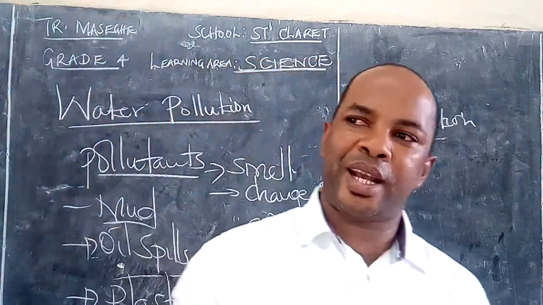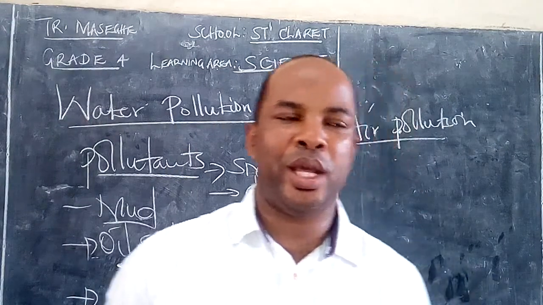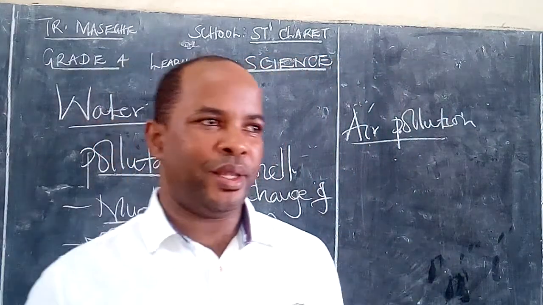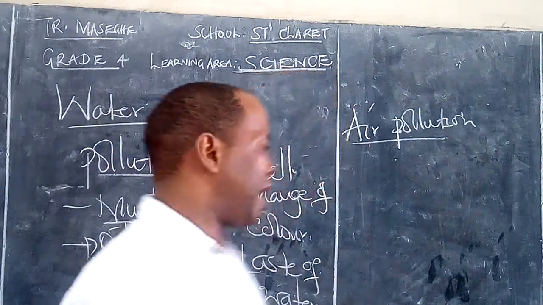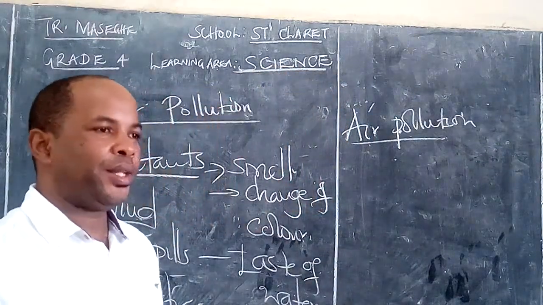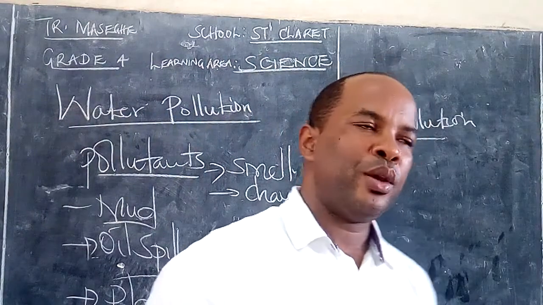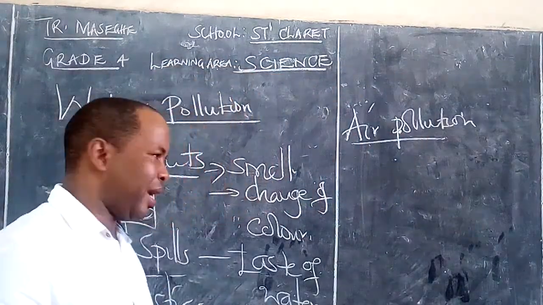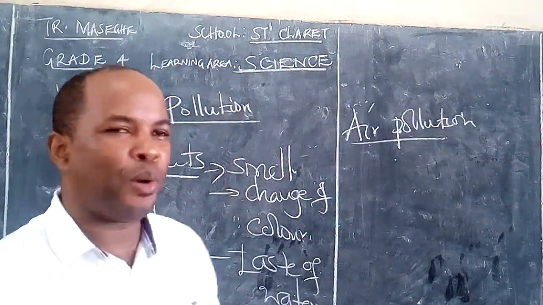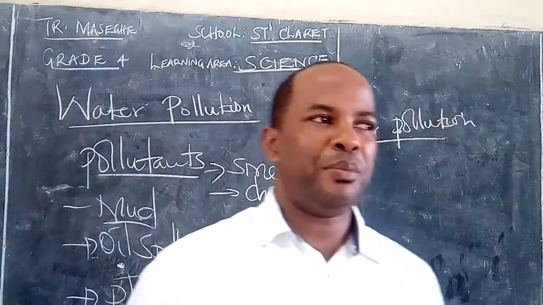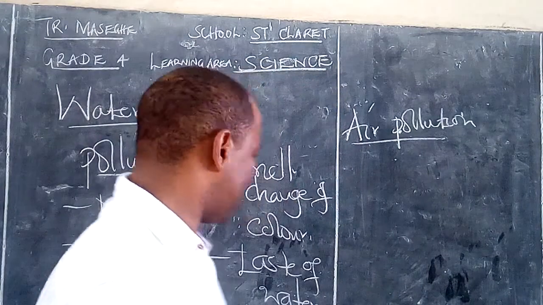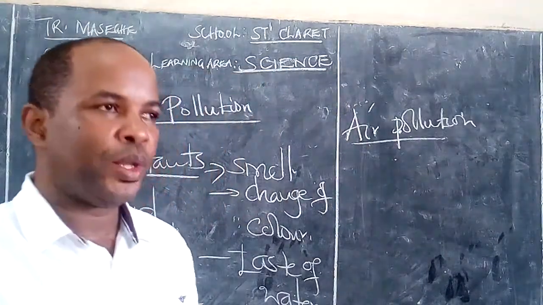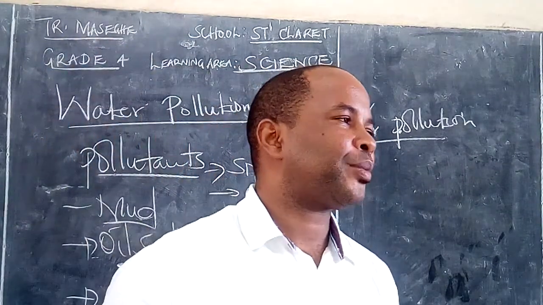When it rains, it's carried by water and it finds its way into water bodies, let's say the sea, the lakes, all that. So if all these things are collected together and carried to water bodies, you find that this becomes a pollutant. They pollute. Maybe if it was the source of a good river, you find that source will reduce in giving water.